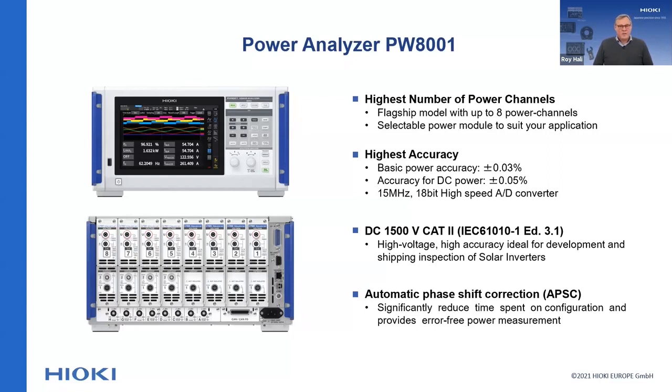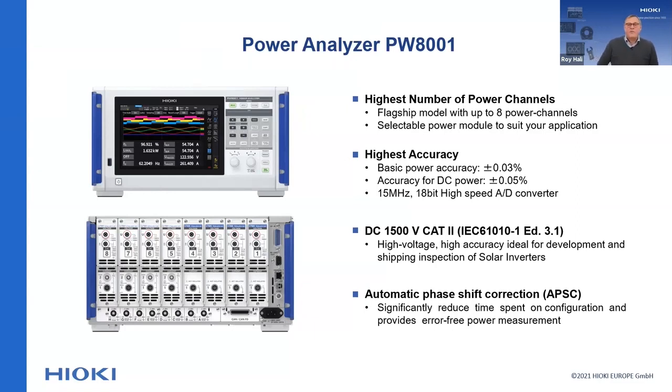There are two types of input units that can freely be combined: the high accuracy unit U7005 and the high voltage unit U7001. The basic power accuracy at 50 to 60 Hz is 0.03% and 0.05% for DC measurements.